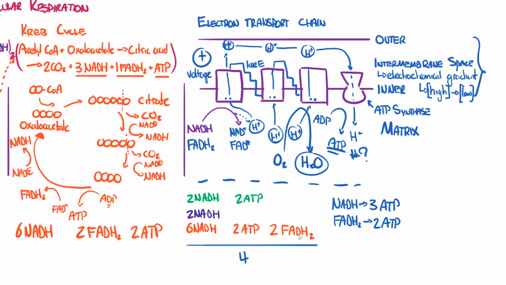We have 2 FADH2. So 2 times 2 is going to give us another 4. And now if we look at NADH, there's one little exception. If we look at the NADH that we make during pyruvate oxidation and the citric acid cycle, we have 8 NADH. 8 times 3 is going to give us 24.